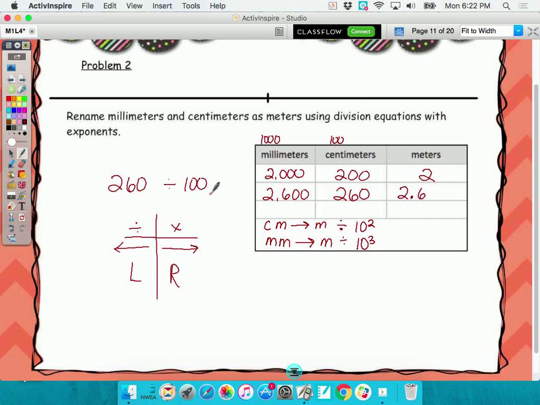Can I use a zero trick? No, because I don't have enough zeros. So, decimal, at the end of the number, how many place values? To the left. So I end up with 2 and 60 hundredths. But what can I get rid of because it doesn't change the value? That's correct.